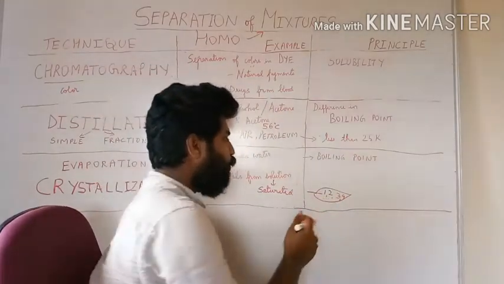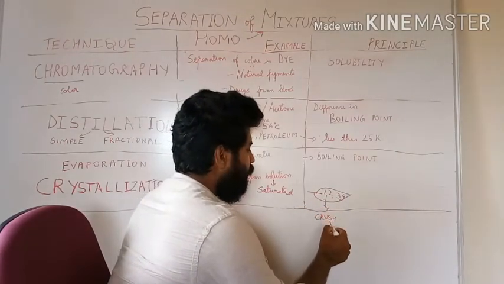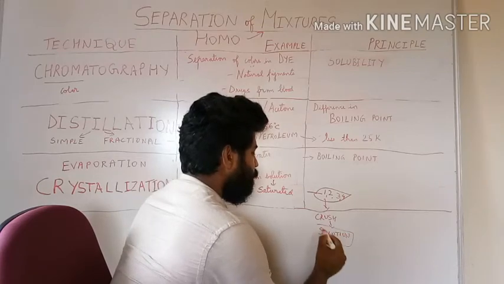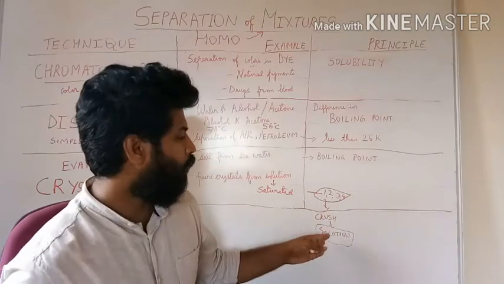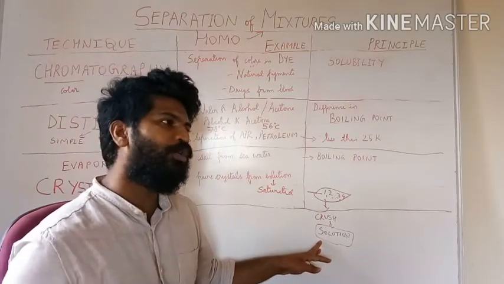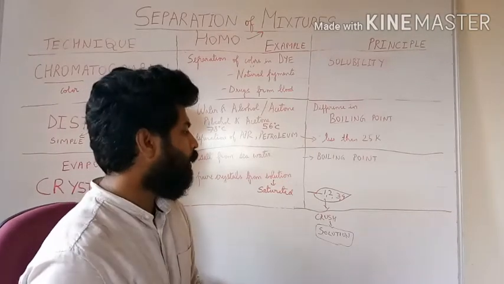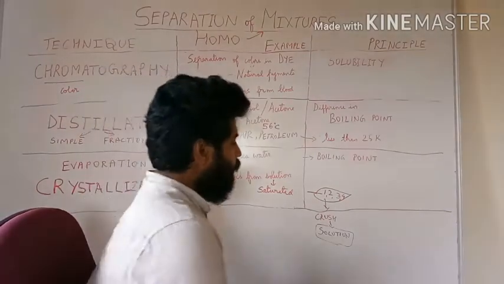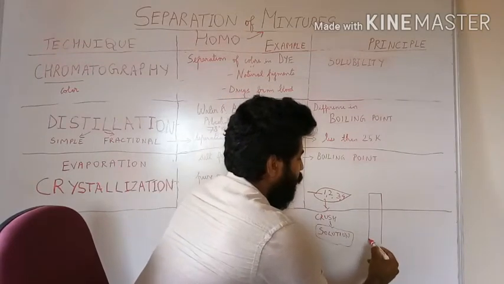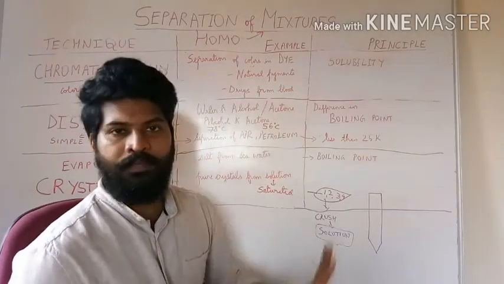What do you do? You crush it and make a solution out of it. For making the solution, we can use either water, ethanol or any other organic solvents. Next, we take a paper. That's why it's called paper chromatography, because the separation takes place on a paper.